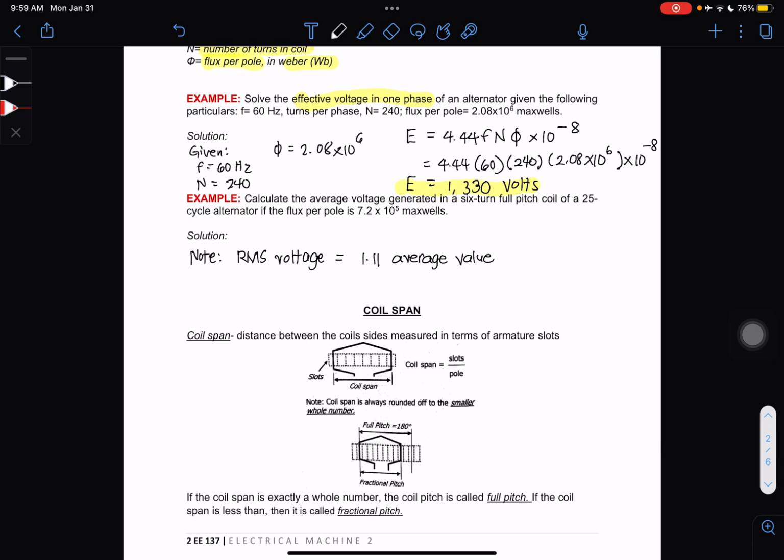And take note also that 1 Weber is equal to 10 raised to 8 Maxwell.